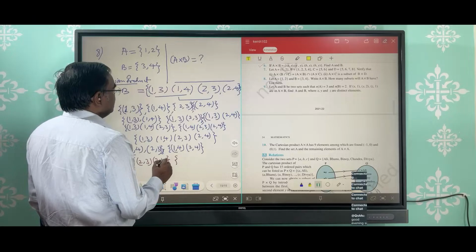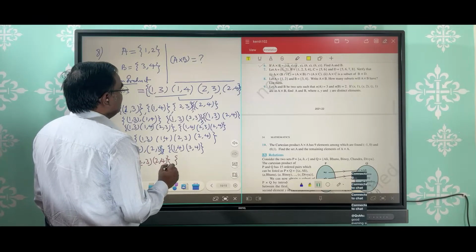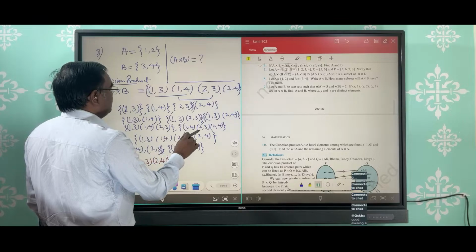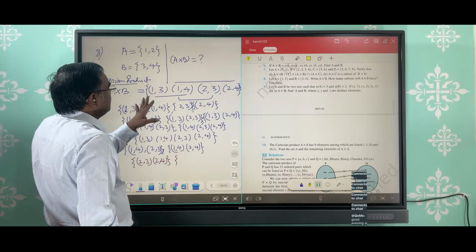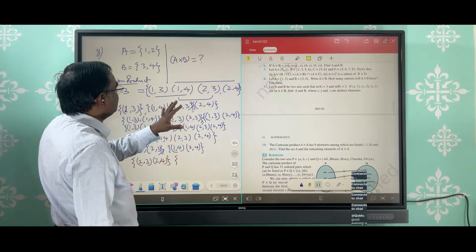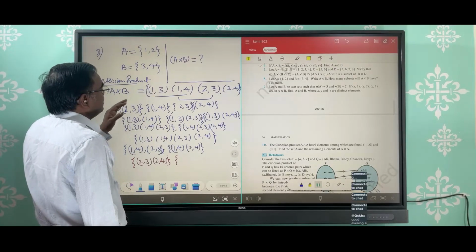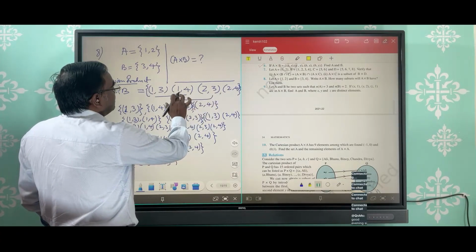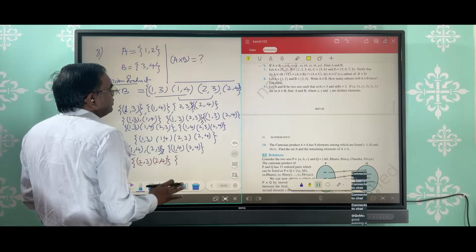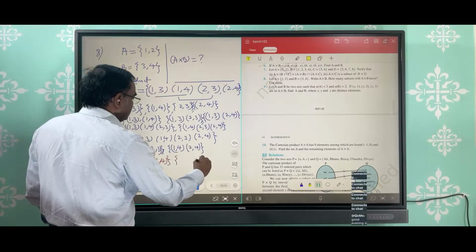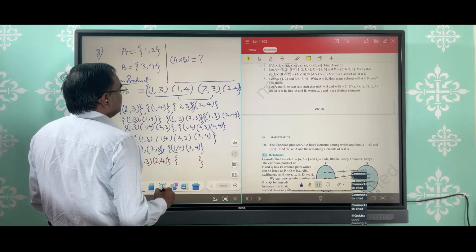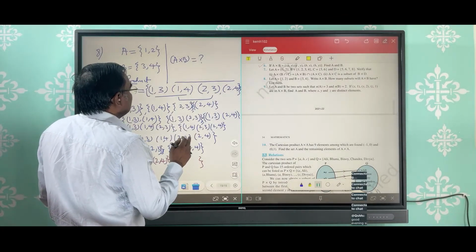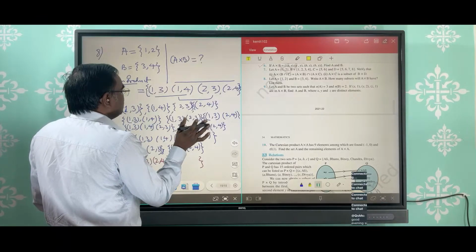Now what is left? In a subset, repetition of elements doesn't matter, so there is no need to write the repeated element.